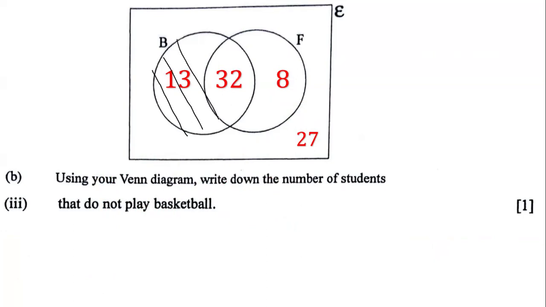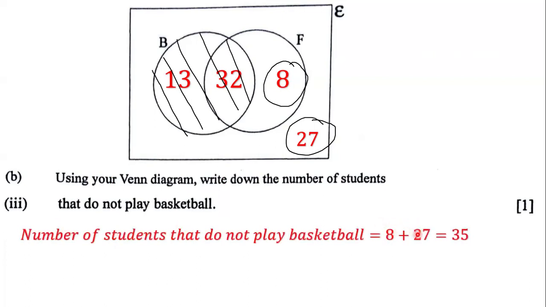So this whole set, we can't include any of these, right? And so all we're left with is just 8 and 27. And so the number of students that do not play basketball is going to be 8 plus 27, and 8 plus 27 is 35. So there are 35 students that do not play basketball. And that's the answer to this question.